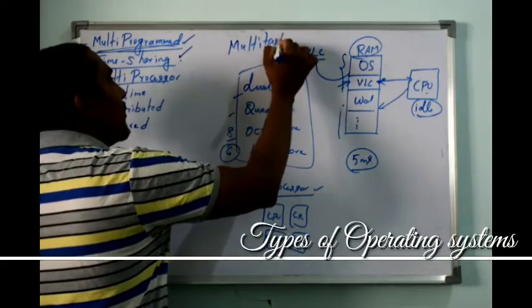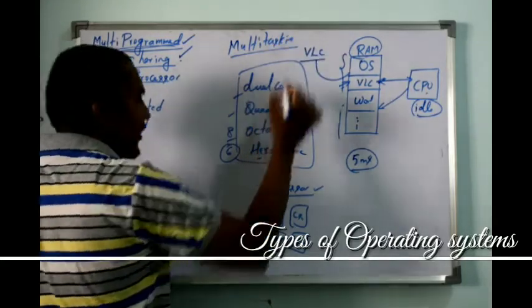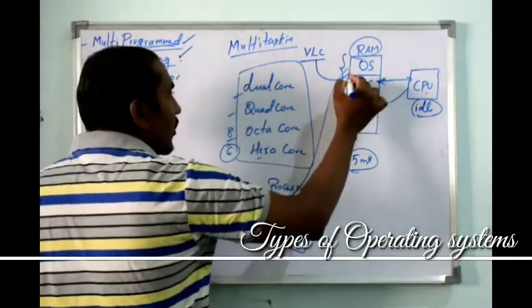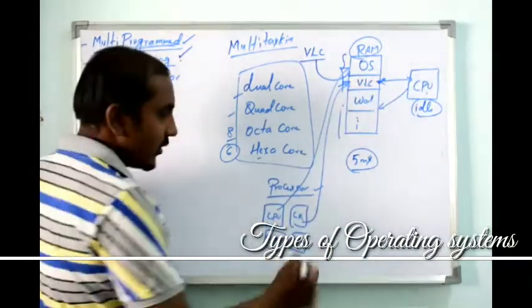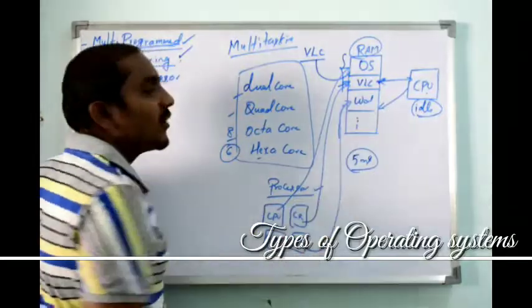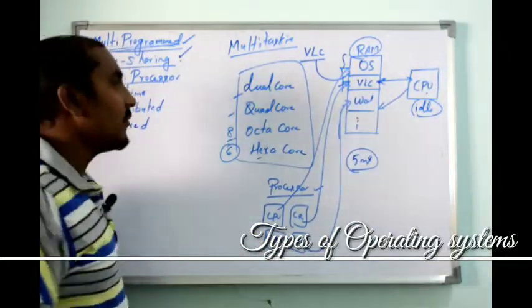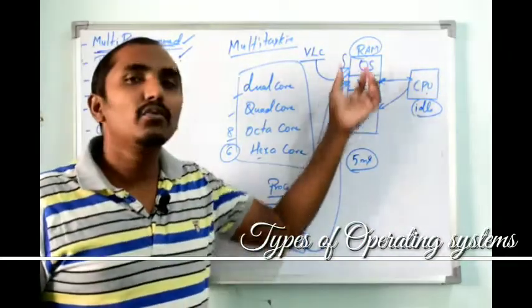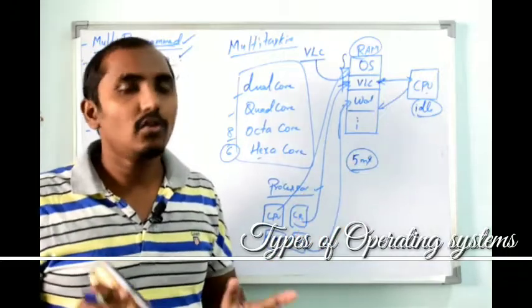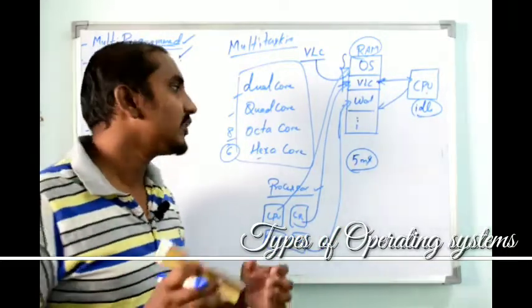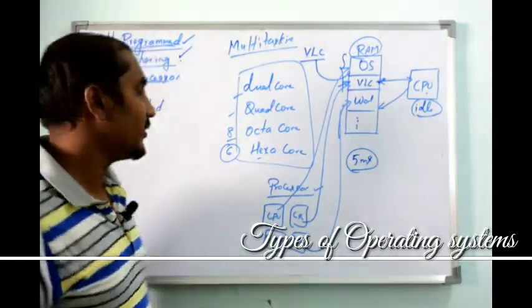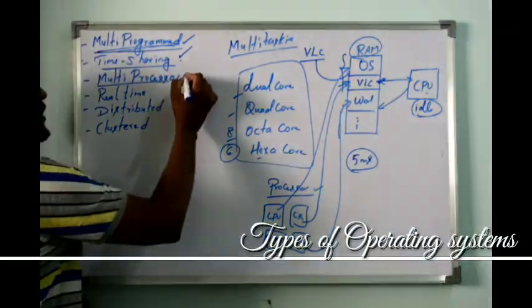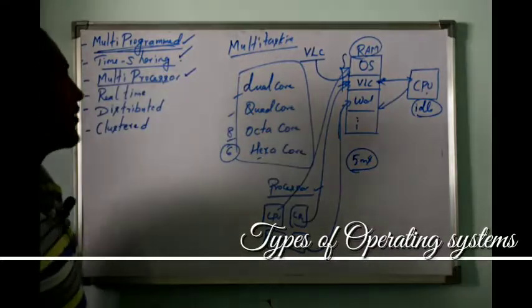When I say multitasking, if one processor is executing the OS, another will be executing the VLC player, and another will be executing MS Word. Like that, we are going to have multiple programs, tasks or jobs executed simultaneously by your CPU. This type of operating system we consider as a multiprocessor operating system.